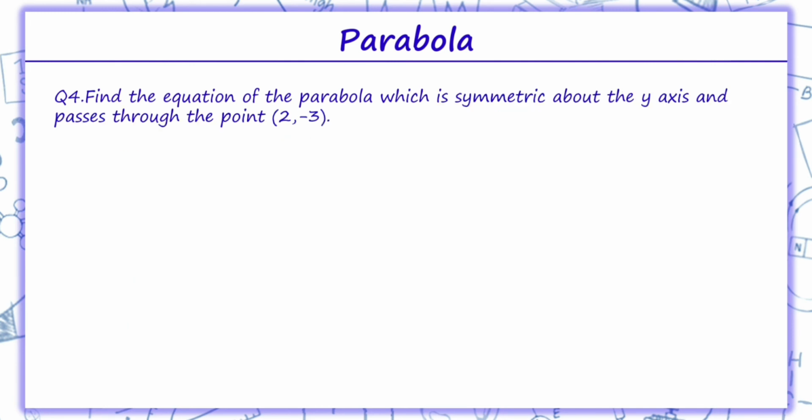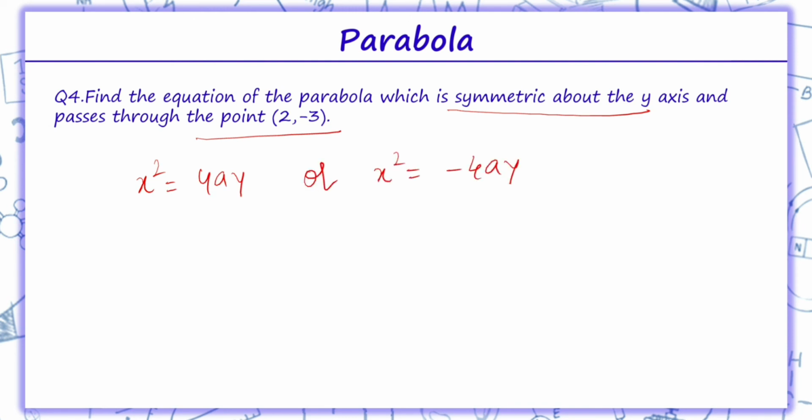Next question is, find the equation of parabola which is symmetric about the y axis and passes through the point (2, -3). Since the parabola is symmetric about the y axis and its vertex is at the origin, the equation will be of the form x square equal 4ay, or it can be x square equal -4ay, where the sign depends on whether the parabola opens upwards or downwards.